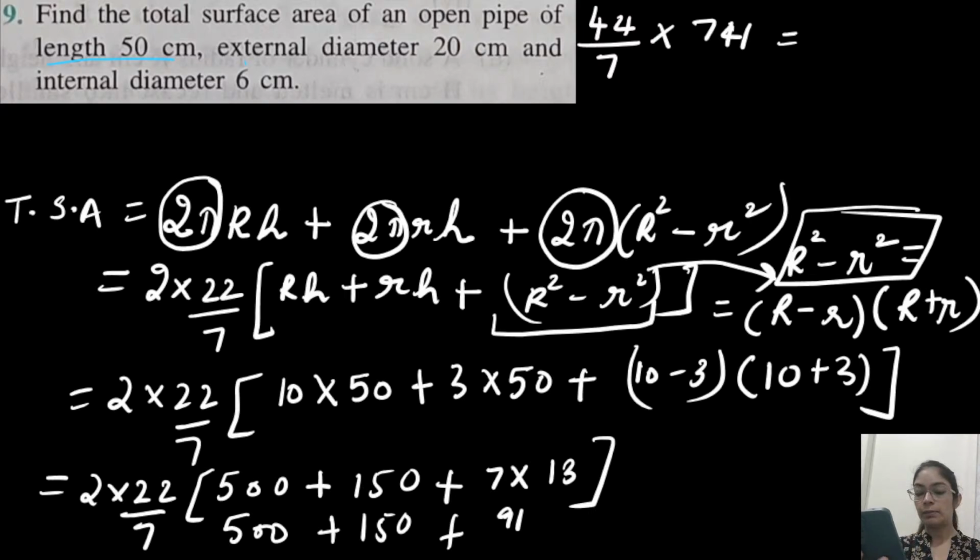Is it 741 or 742? Okay, 741, as most of you are sending. This final answer is 44 by 7 into 741.